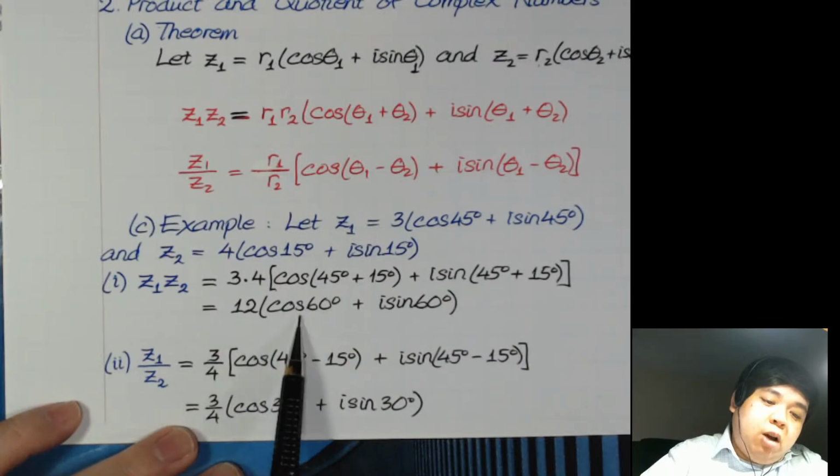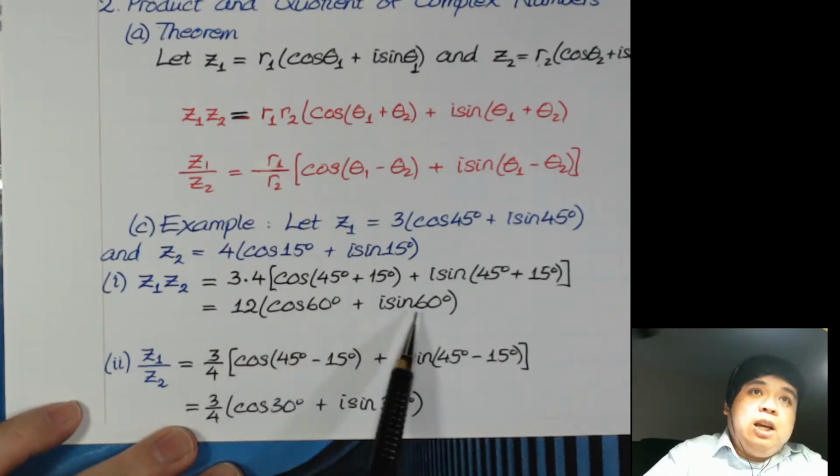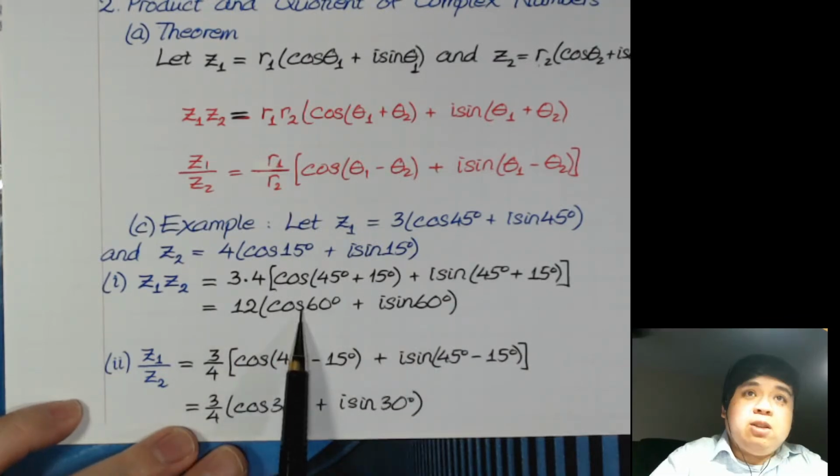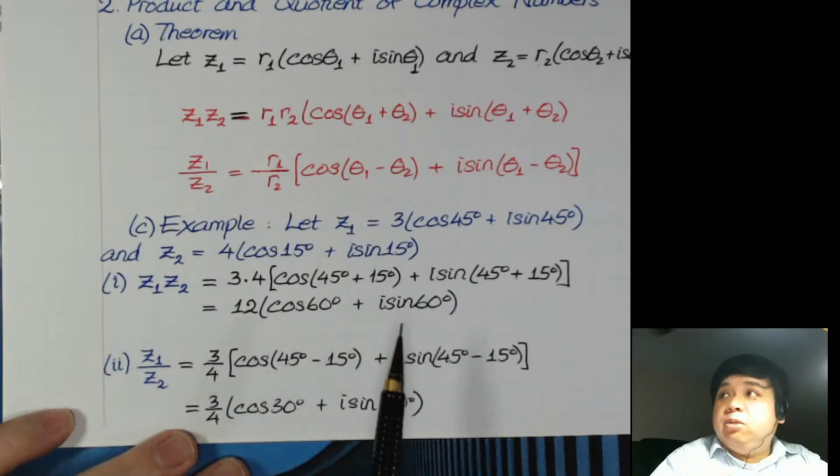We can also multiply it out if we just want this in rectangular form. So we have 12 cosine of 60 and then I sine of 60 degrees.